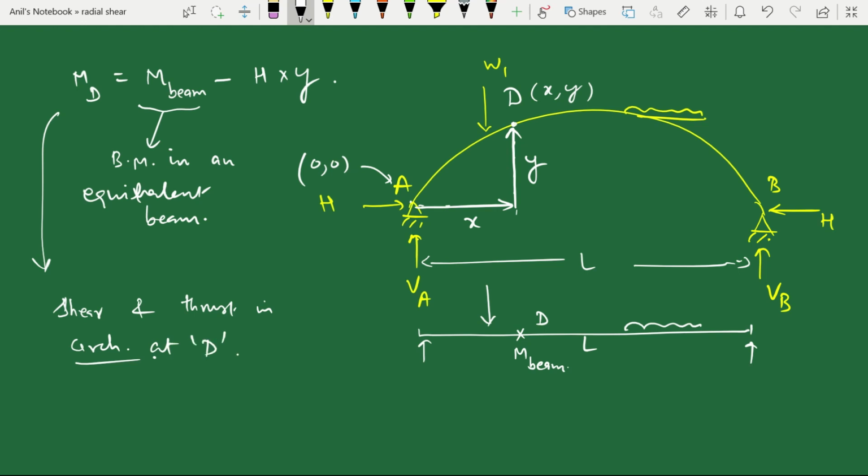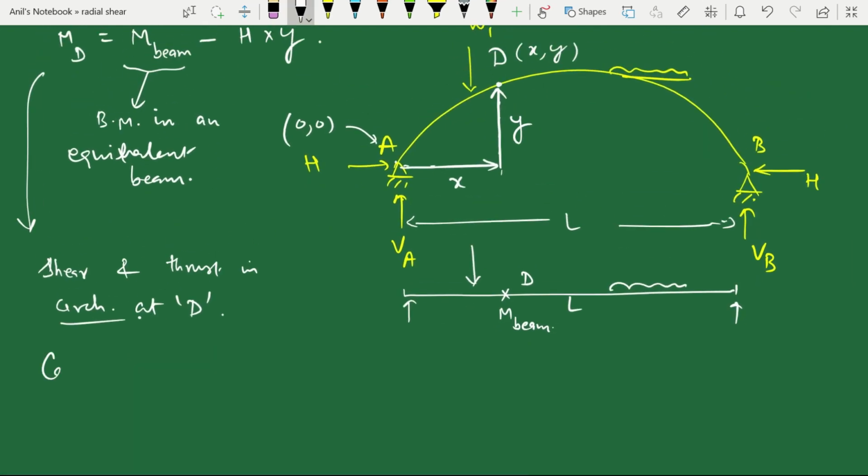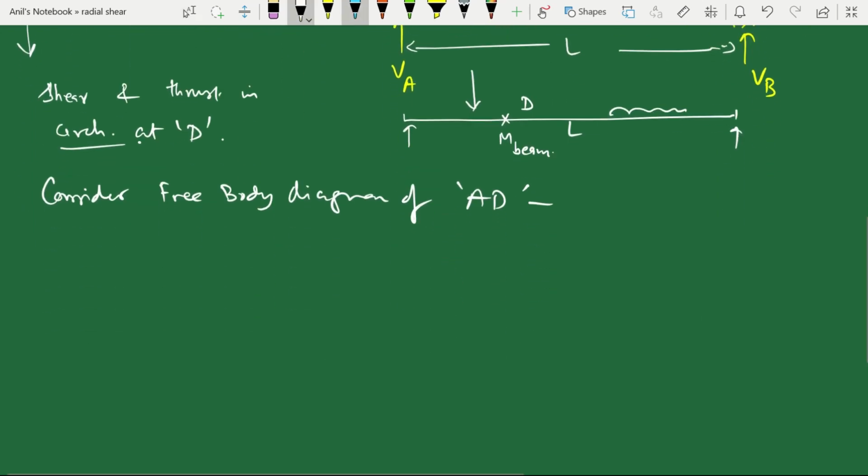at D. If I consider the free body diagram of AD, it will be like this. Your point A is under equilibrium due to H and VA, and at point D we have horizontal thrust, say HD, and then vertical shear VD.